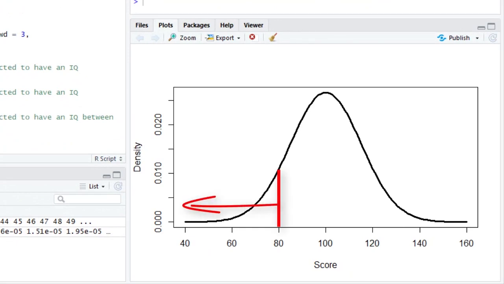We can answer that using p-norm with the parameters of 80, a mean of 100, and a standard deviation of 15.